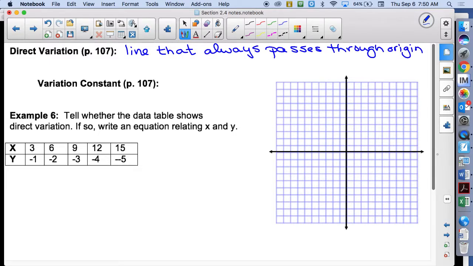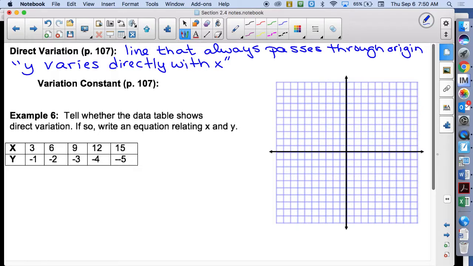So any line that passes through the origin is called a direct variation. You will see words, if it's a word problem, that say y varies directly with x. That would be the set of words that you would see in a word problem to know that it's a special type of equation.